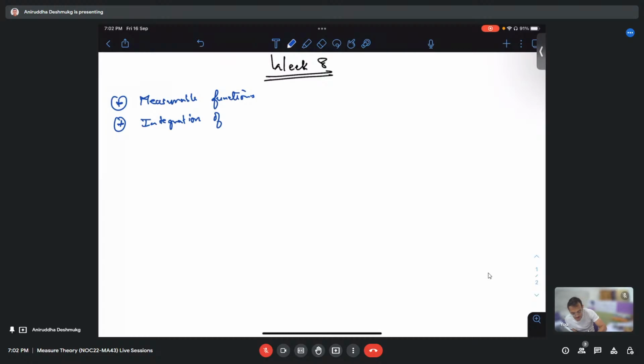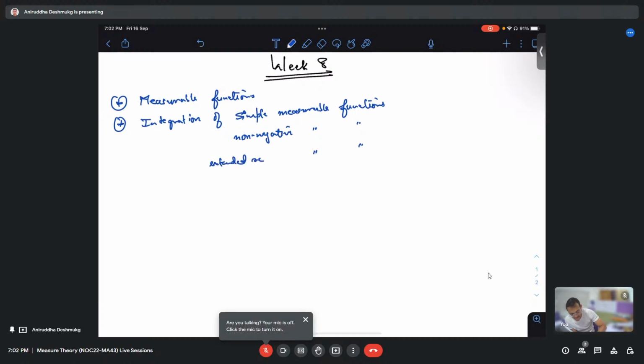And then we proceeded to integration of any measurable function, or perhaps I should say extended real valued measurable functions. And that particular notion of integration came from the approximation of measurable functions using simple functions. And that notion later on gives us something called the monotone convergence theorem.